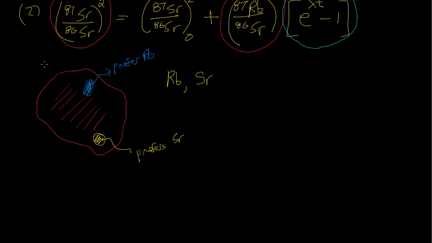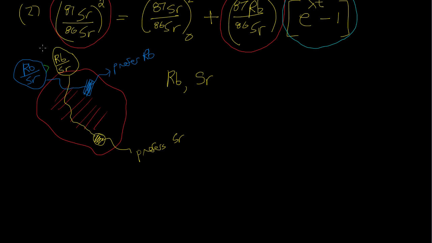And as a result of that, what we would expect to see is that in the blue mineral here, the plagioclase feldspar, the rubidium-strontium ratio will be larger than it is in the yellow mineral. So this rubidium-strontium ratio, because that mineral prefers rubidium, will be larger than this rubidium-strontium ratio, because that mineral doesn't.